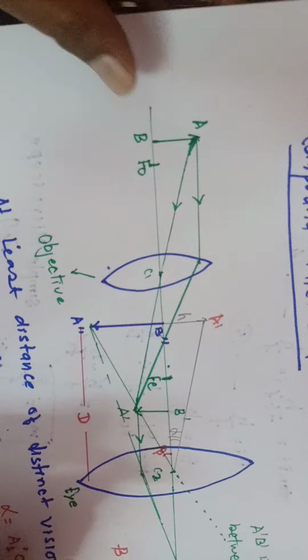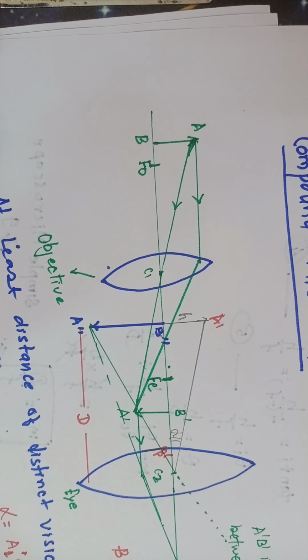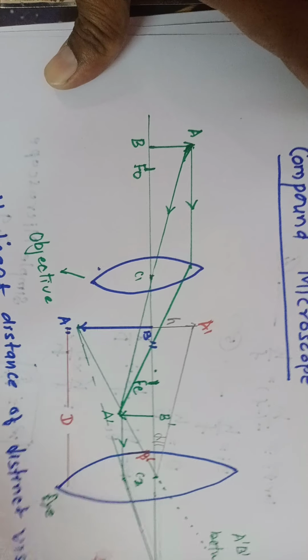C2 B double dash is common, so in the denominator this will cut.